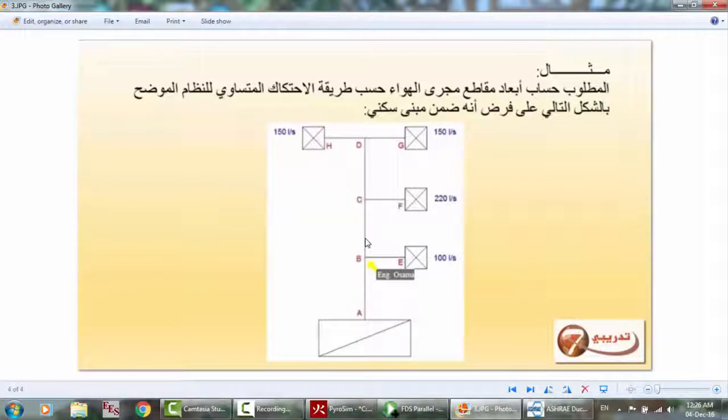Here we got 16, and then 1, so we have 15, and due to this branch we lost 5, and until we got to this we got 10, and we have 10 pascals as losses due to this outlet.